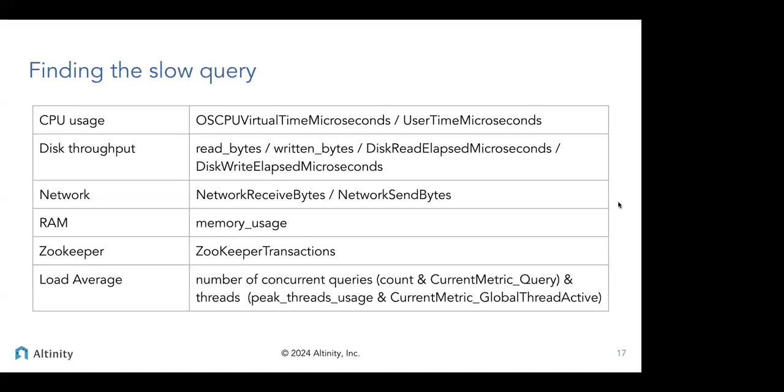Network, again, read and write bytes. RAM, obviously, memory usage, and so on. Maybe the only exception here is load average, which is a more indirect way of finding them. If you see that CPU usage is low but the load average is high, it means that actually not a particular query is the problem, but the number of queries can be the problem, or the number of threads.